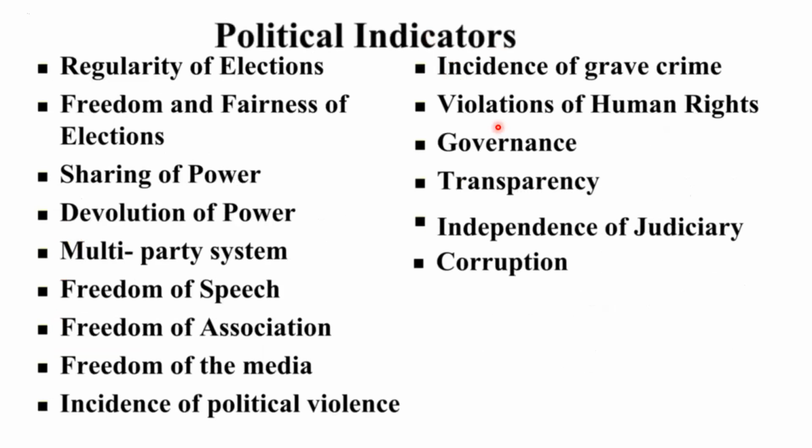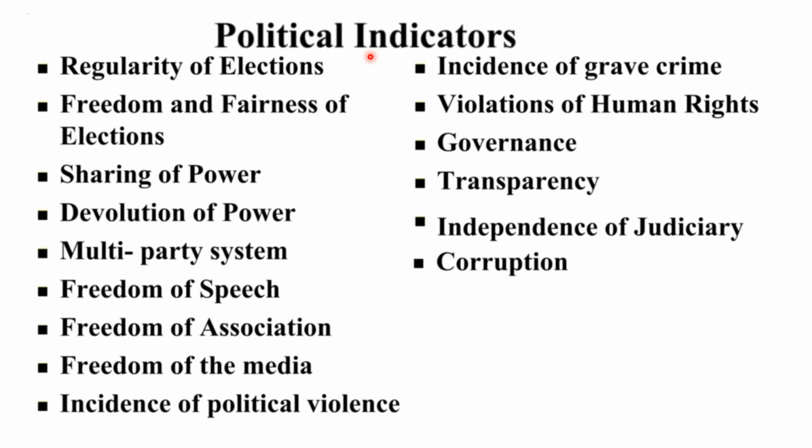Then we have now learned about some economic indicators, social indicators, and political indicators. When the country is in a mess, you can see these political indicators also deteriorate. Just look at these political indicators and see what kind of situation Sri Lanka is in now. Regularity of elections: everyone is talking about the elections and we don't know whether an election will be held or not.